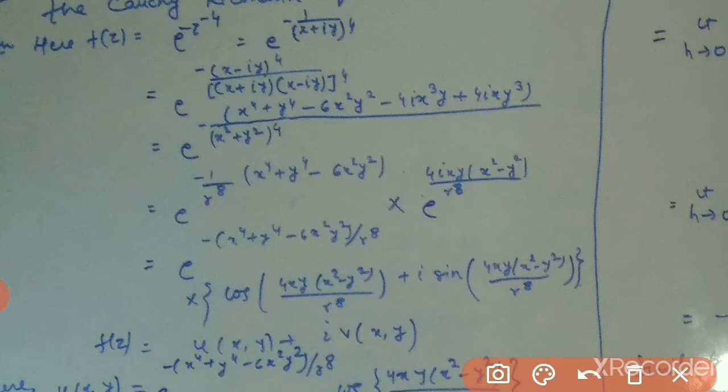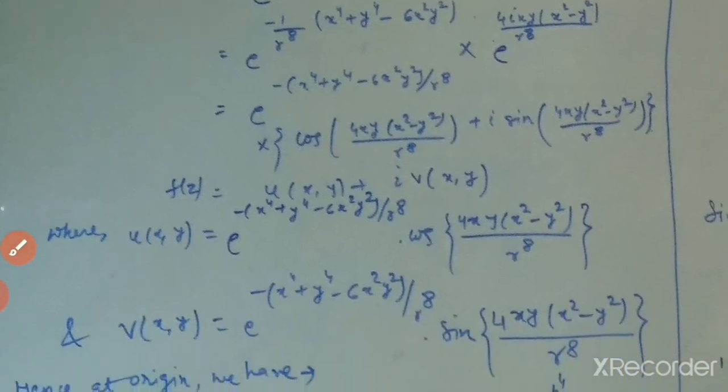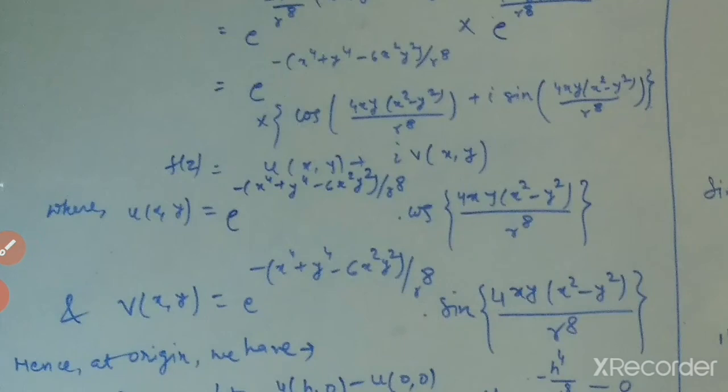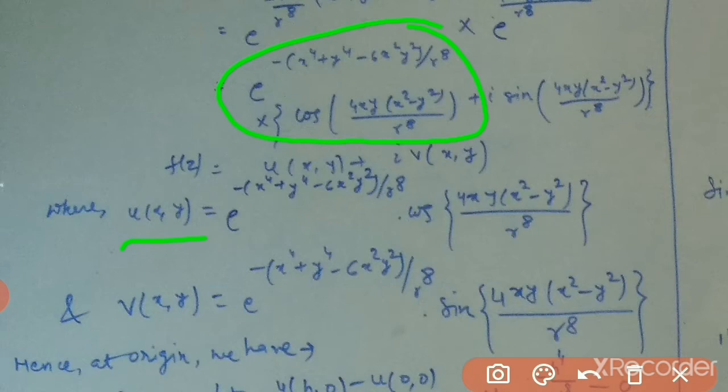Therefore f(z) = u(x,y) + iv(x,y), where, while multiplying e with the cos term, we write it as u(x,y), and while multiplying e with the sine, we write it as v. Just u and v, the two separate functions.